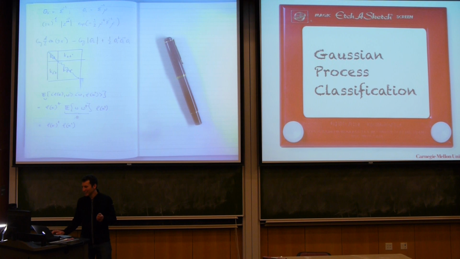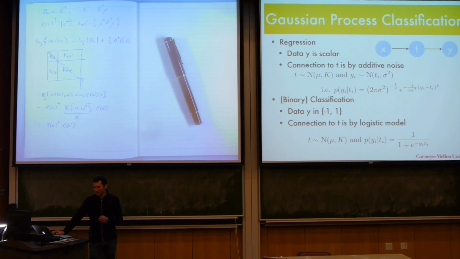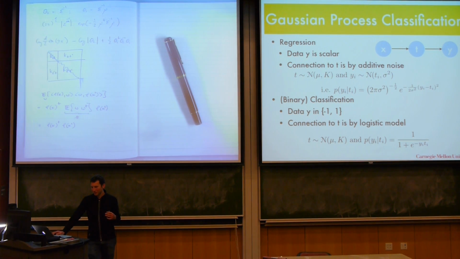Okay. So, Gaussian process classification. Well, let's do something very simple. In regression, let's just compare how we actually solved the regression problem. We said we have x, and then we had this Gaussian process that indexed the t's, and then the observations y were really just the t's with some noise added.